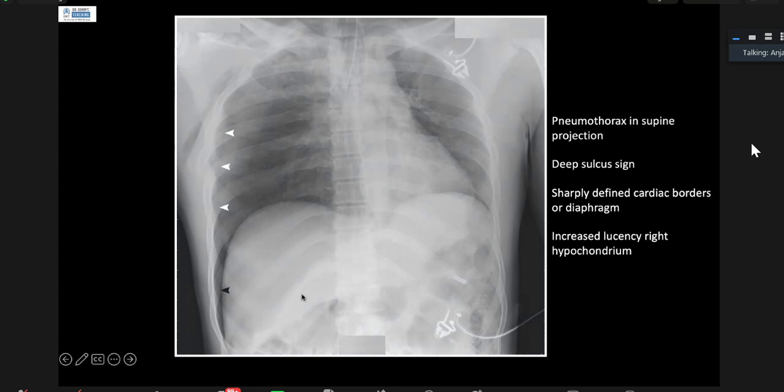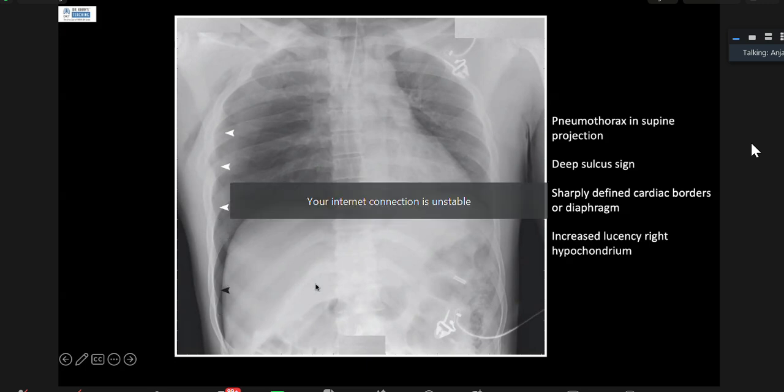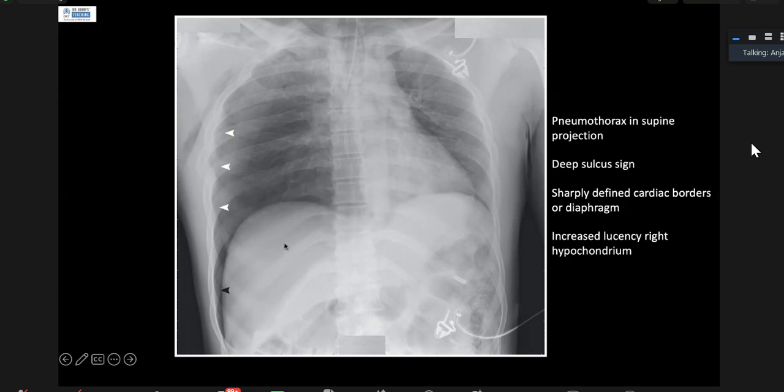Okay, so have this appearance in your mind. The deep sulcus sign, increased lucency over the right hypochondrium, because these may be the only signs that you may see when a patient is supine. You may not always see a clear pleural line.